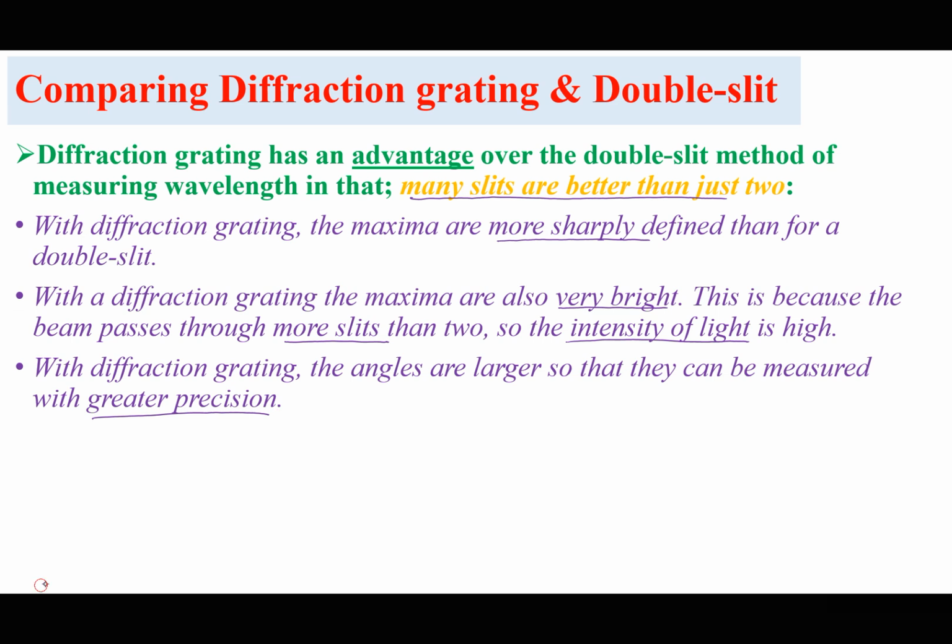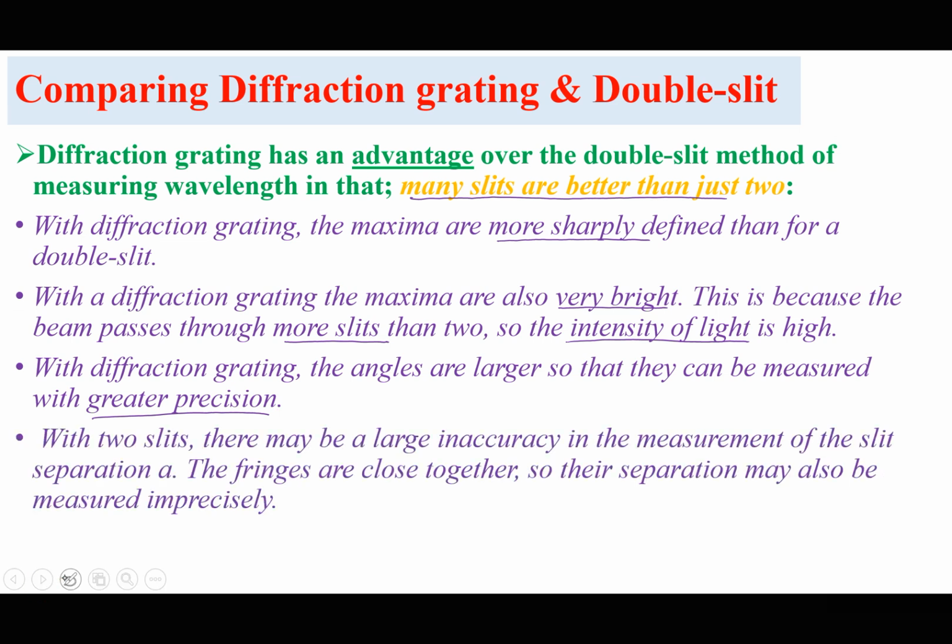However, with the two slits, we automatically must measure the slit separation. And the slit separation is very small. That's number one. And therefore, we have no other option because there are only two slits. Yet for a diffraction grating, we have thousands of slits per meter.